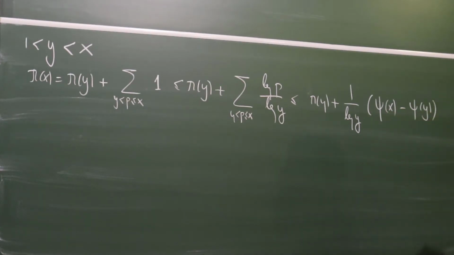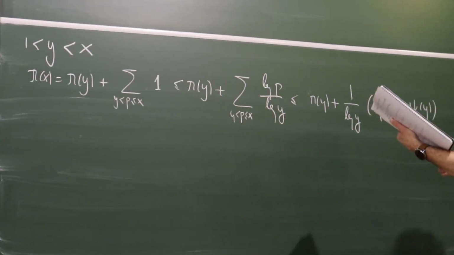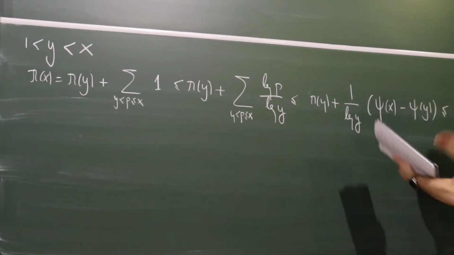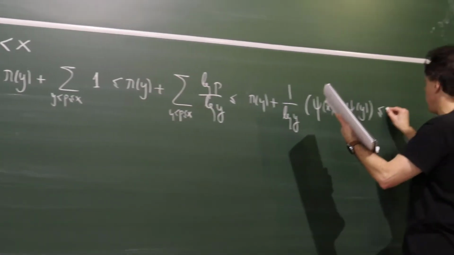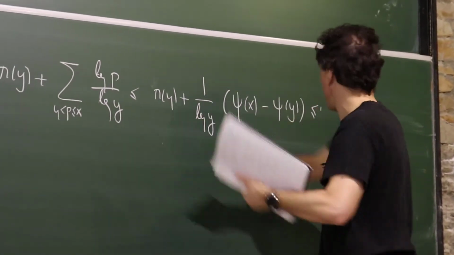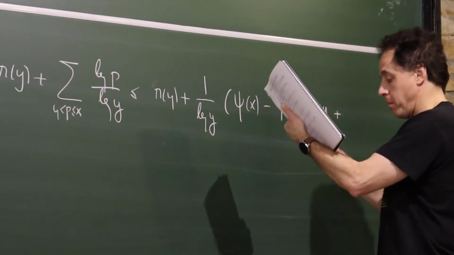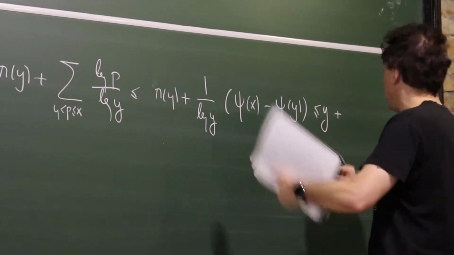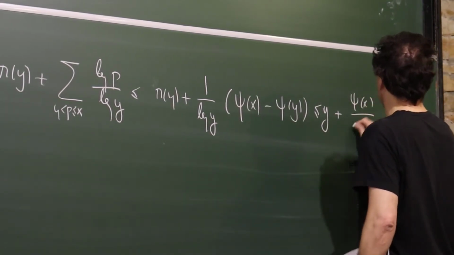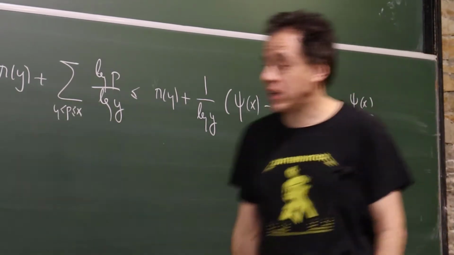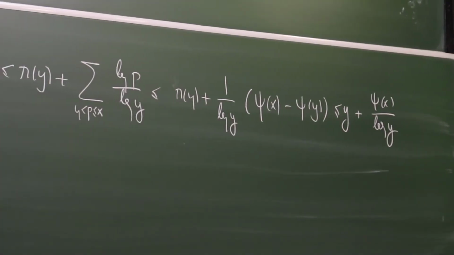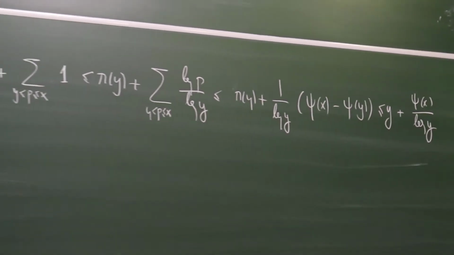This sum is going to be smaller or equal than psi, by the definition of the function psi as the sum of the Mangoldt function. Finally, this is smaller or equal than y, pi of y we are going to bound by y, plus psi of x over log y. Well, these are quite simple inequalities. I always forget inequalities, but these are quite simple.